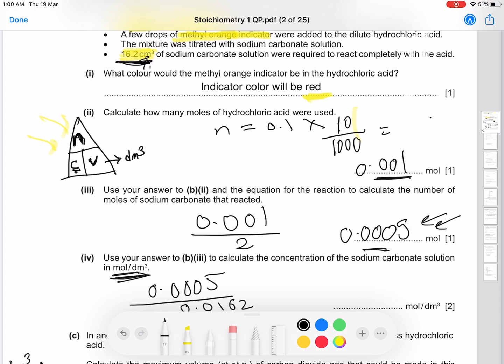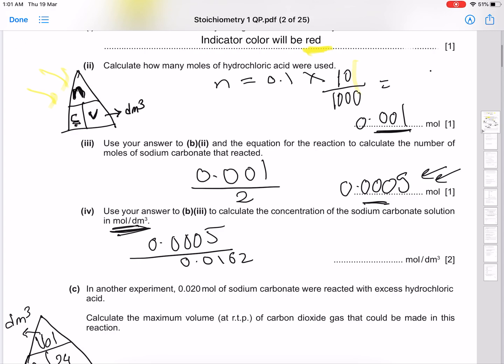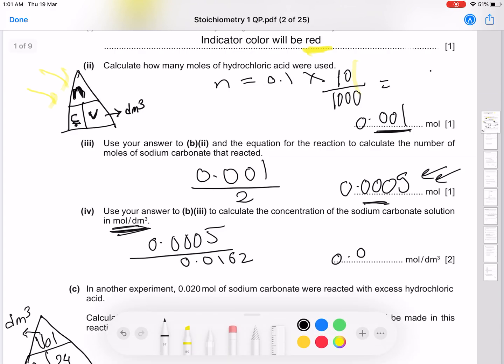So the answer should be 0.031, after rounding the answer.